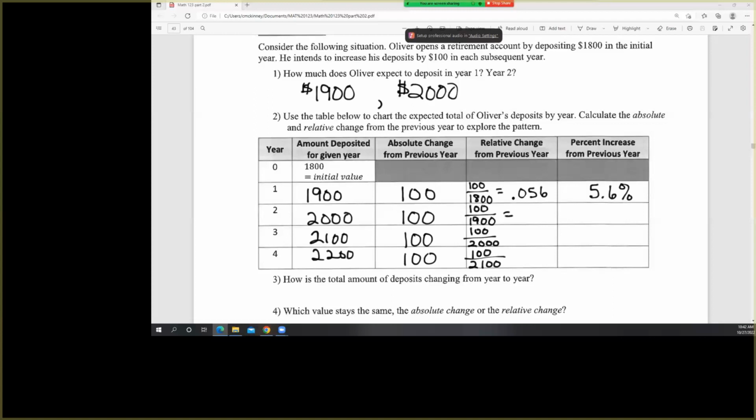So we're just dividing. And then we're moving the decimal 2 places to the right, or you could multiply by 100 to change that to a percent. Is that a 3, right? 0.053, yes. Okay.